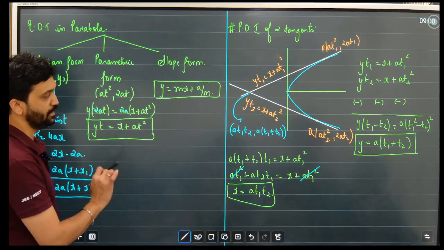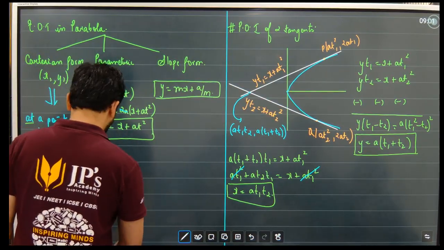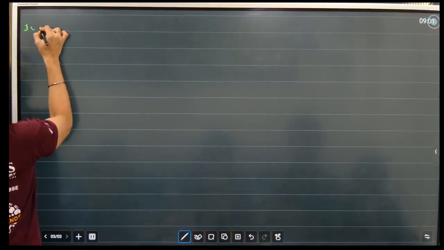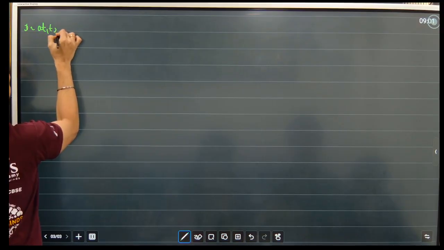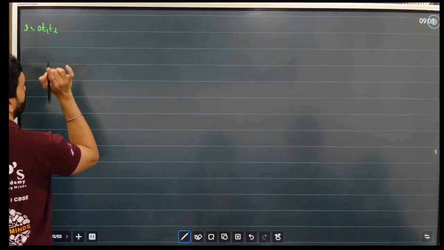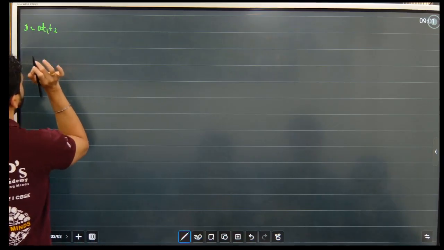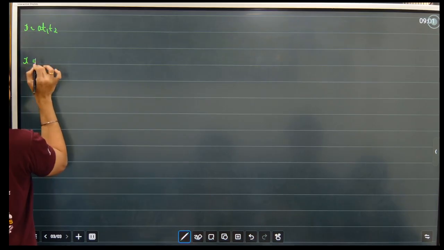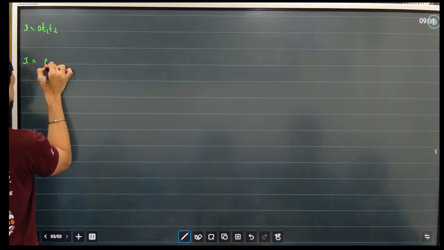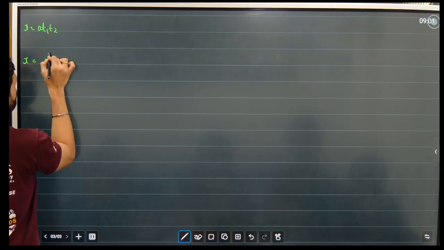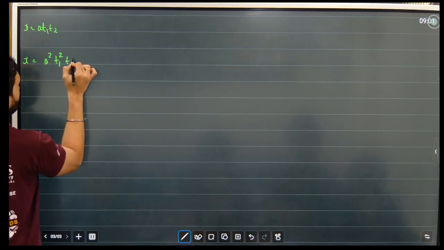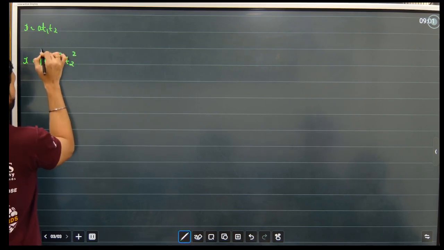Now if you look carefully at the x and y values, x is a t1 t2. I can write this as x = the whole root of a squared t1 squared t2 squared.